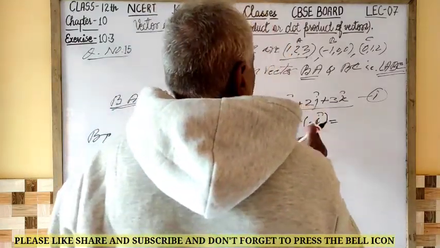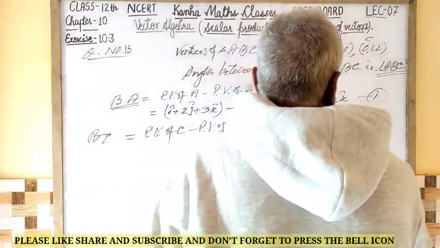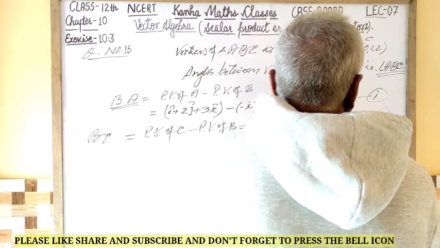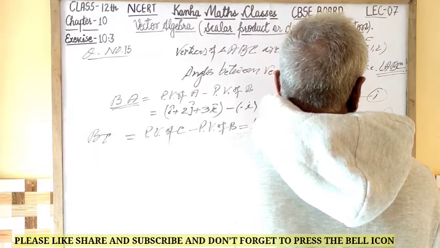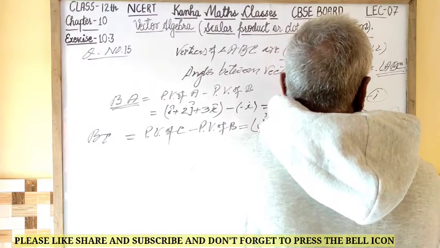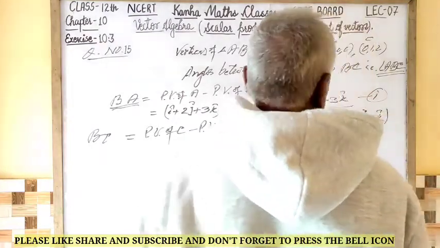This will be minus minus plus, that is i plus j plus 2k.